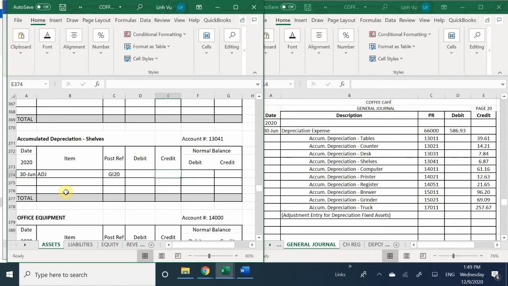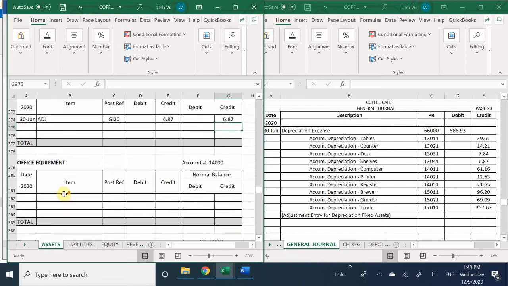General Journal 20, and the shelves is $6.87 in the credit column. Good. Computer.